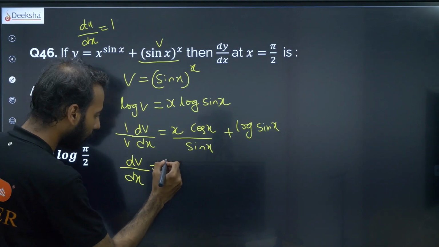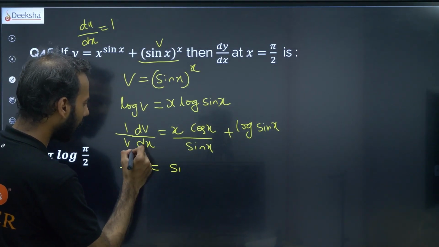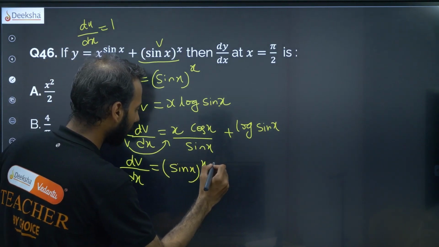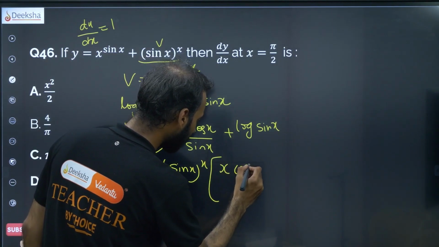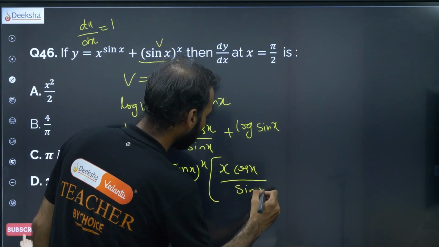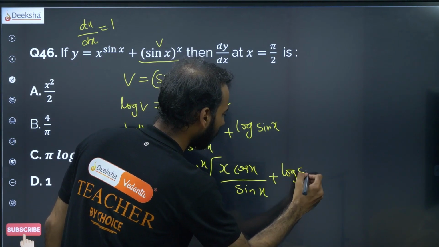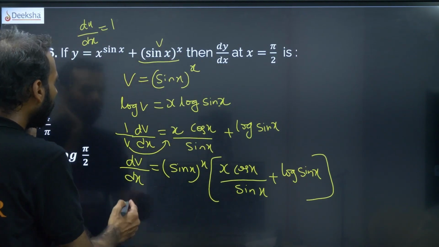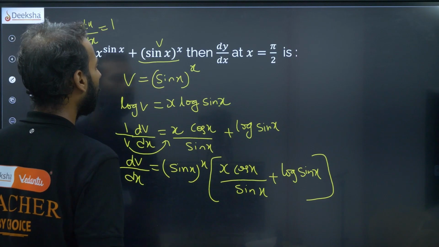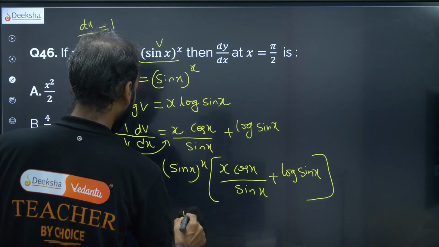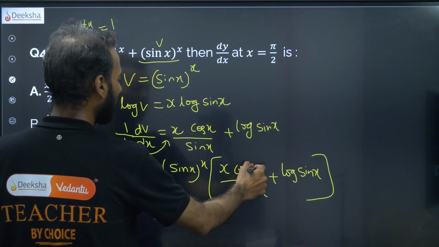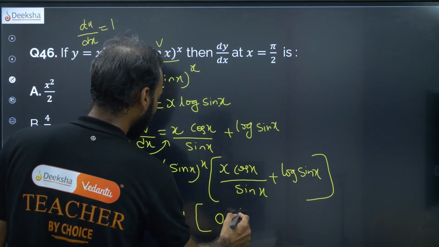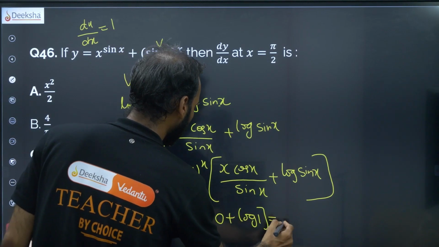dv by dx is v. If I transpose it to the other side, v is sin x power x, times x cos x by sin x plus log sin x. Next, dv by dx: x is pi by 2, so this is 1, x is pi by 2, cos pi by 2 is 0, log 1 is 0, so overall this is 0.